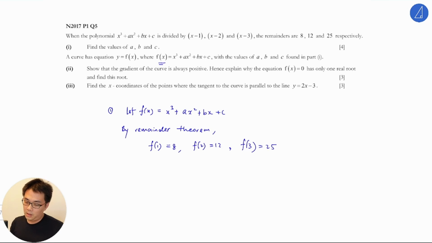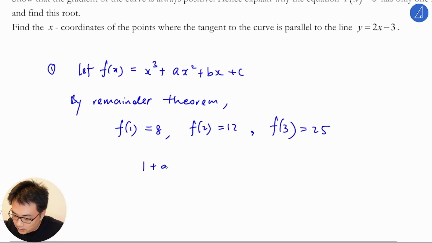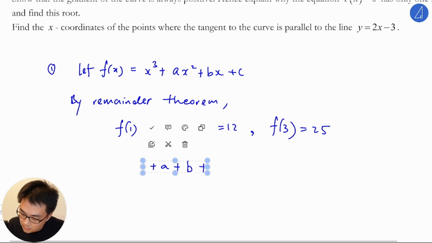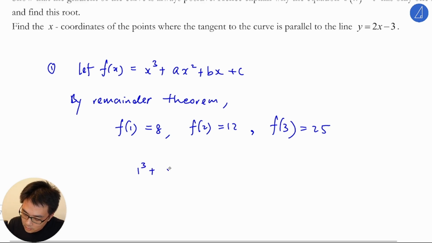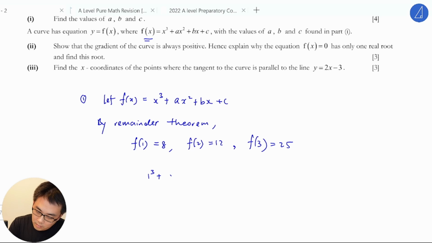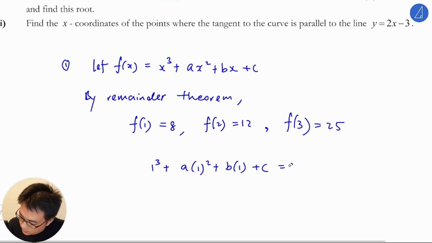Okay. Then you just substitute it in lah. Shouldn't be an issue. So this will be 1 plus a plus b plus c. So 8. Then you have equals to 12.